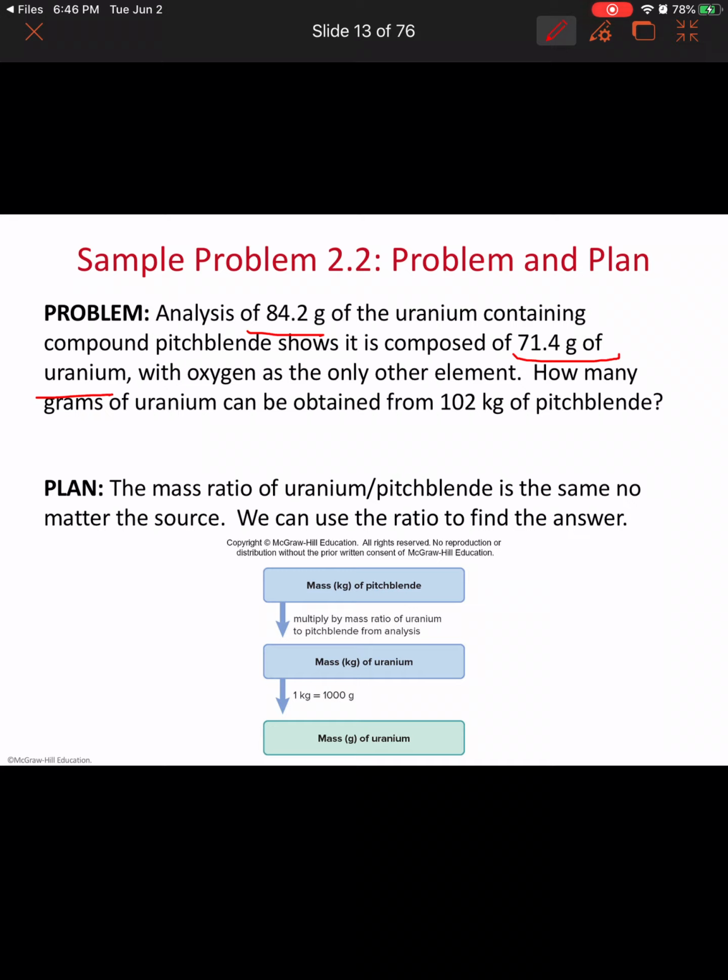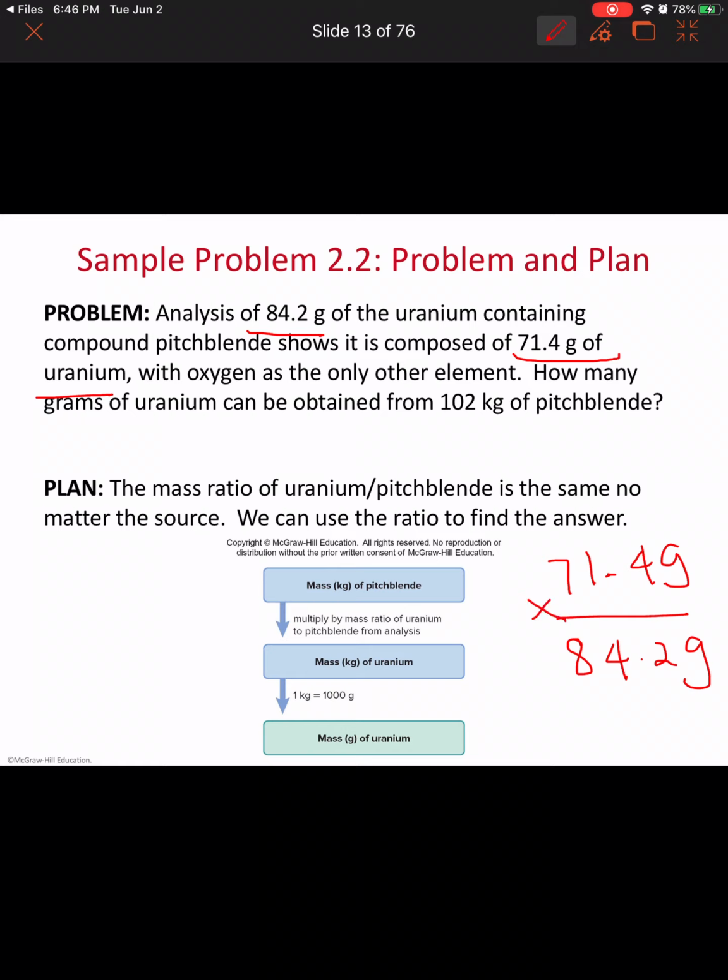It doesn't matter where you find the pitch blend, that ratio will remain the same. Meaning 71.4 gram of uranium in 84.2 grams of pitch blend. Just like if you had 100 grams of calcium carbonate, the amount of calcium would be 40. So likewise, you had the same ratio.